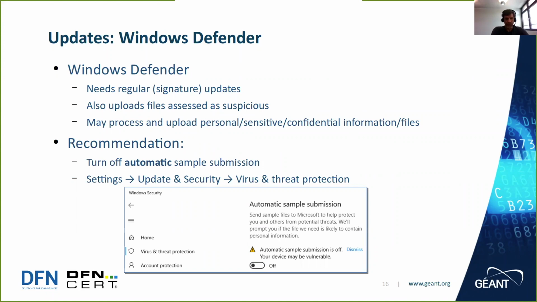And this means the only way we have to avoid accidentally uploading sensitive information is to turn this off, which doesn't mean that the Windows Defender will stop working. It just means that they don't upload samples for analysis to Microsoft.